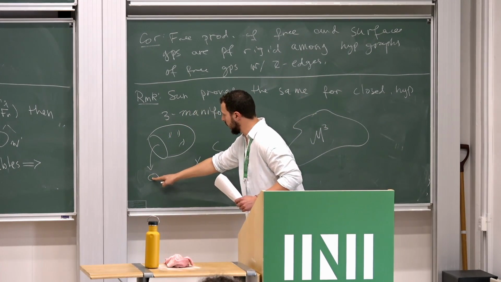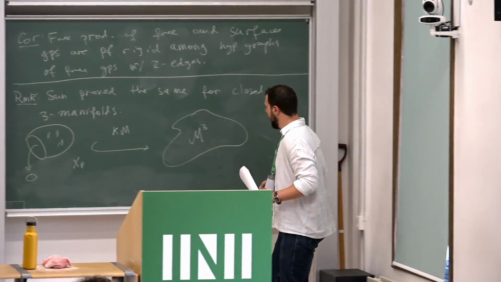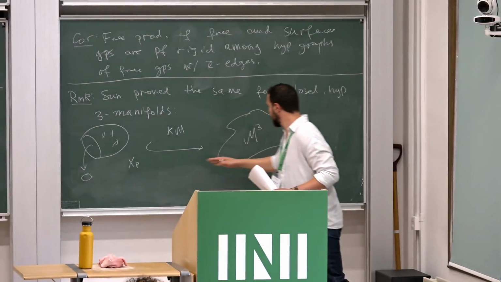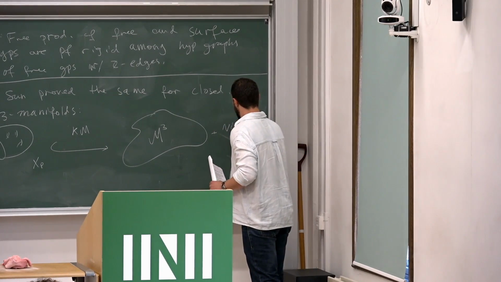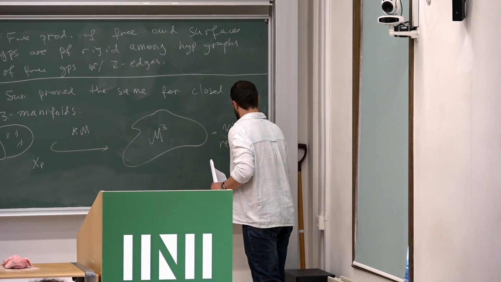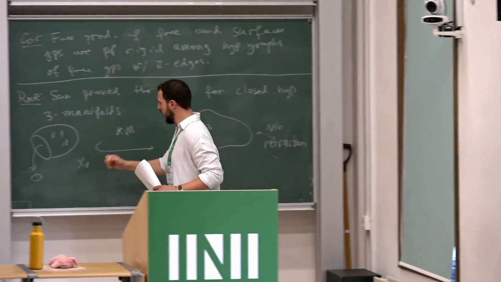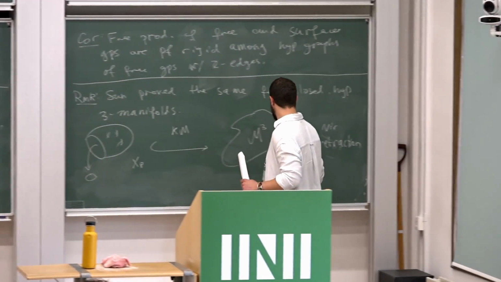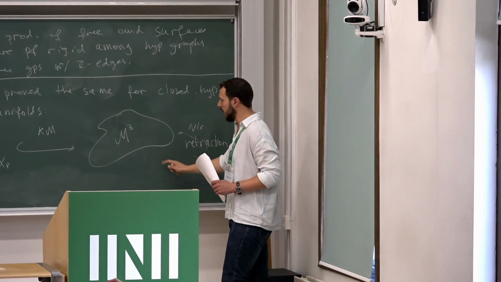So this loop exactly gives us homological torsion in X_p, and then X_p is immersed into M, and using a virtual retraction, he immersed the homology of X_p as a direct factor in the homology of a finite cover of M.